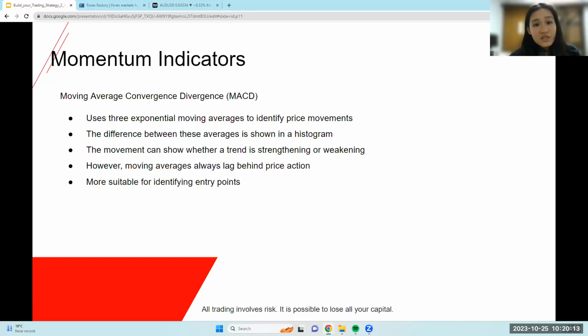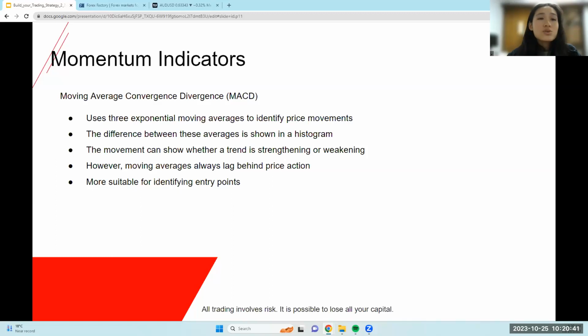So MACD is best used for daily periods, where the traditional settings of 26, 12, and 9 days are the norm. MACD triggers technical signals when the MACD line crosses above the signal line, which would signal that you can go in for a buy, or falls below it, which is a signal for sell.